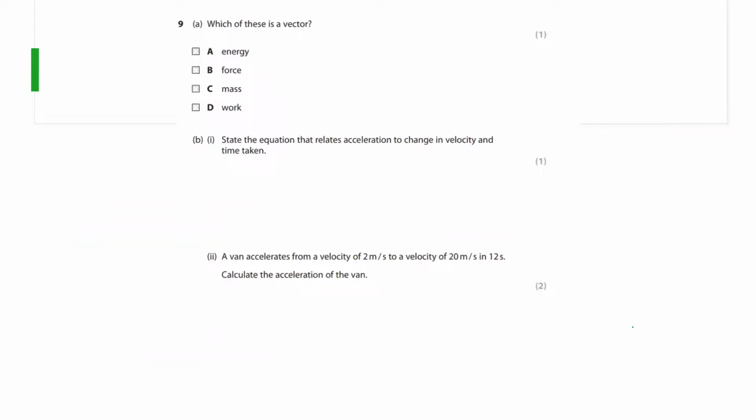Which of these is a vector? A vector, remember, has a magnitude, so a size, and a direction. Energy, does it make sense to say 20 joules east? No, that doesn't really make sense. Force, yes, that is a vector.